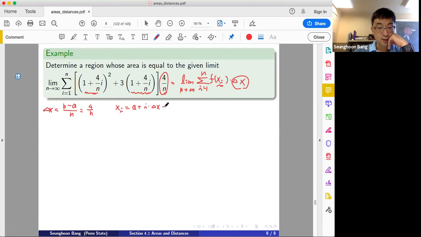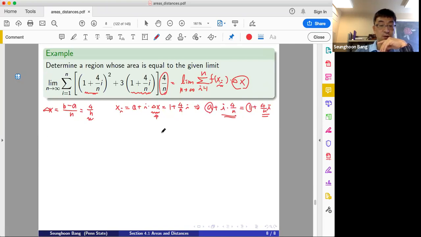This is the same as 1 plus 4i over n. Delta x is 4 over n, so plugging in, we have a plus i times 4 over n equals 1 plus 4i over n. So when i is the same, what is a? So a is the number 1.